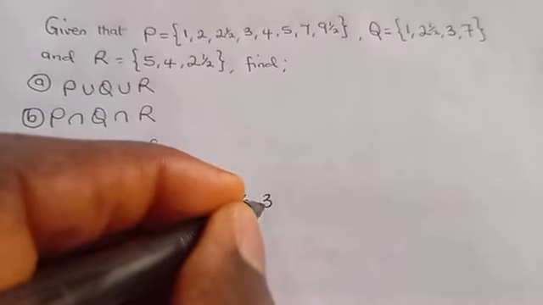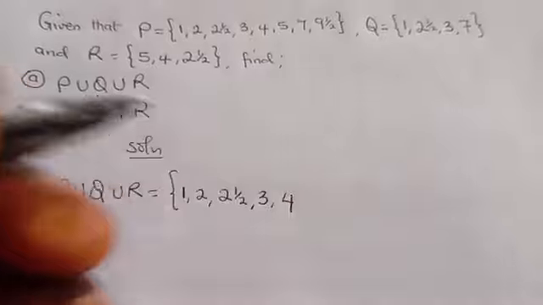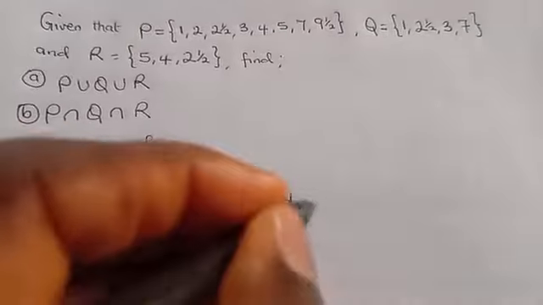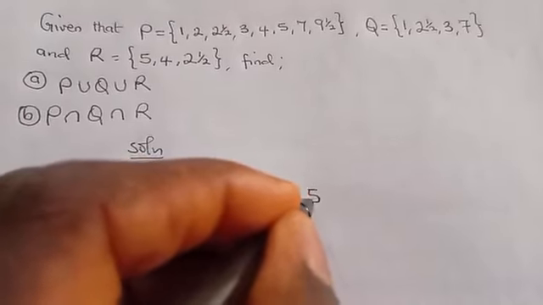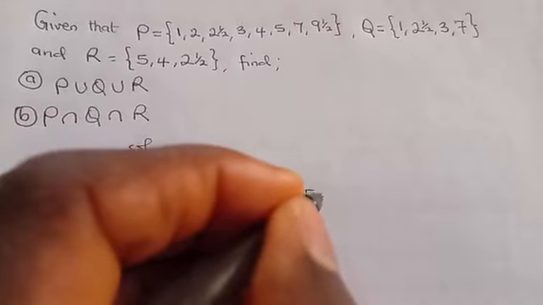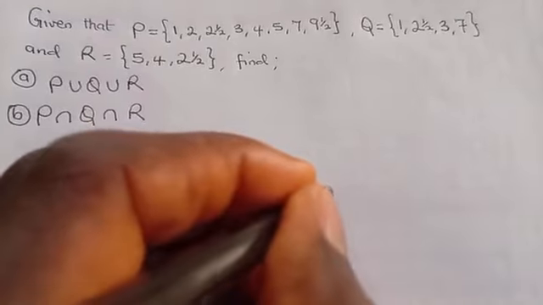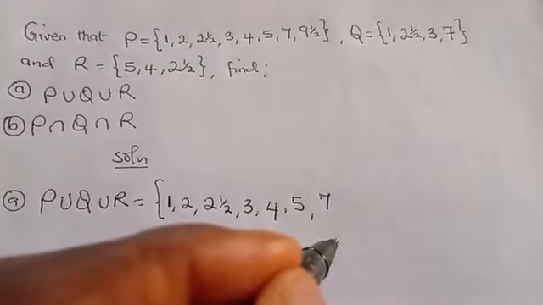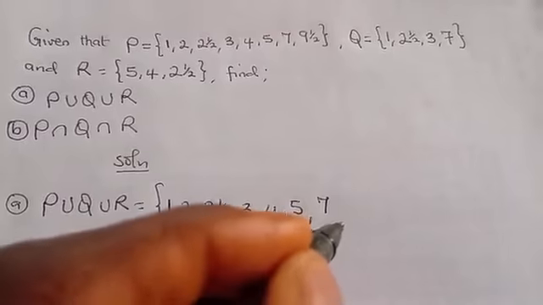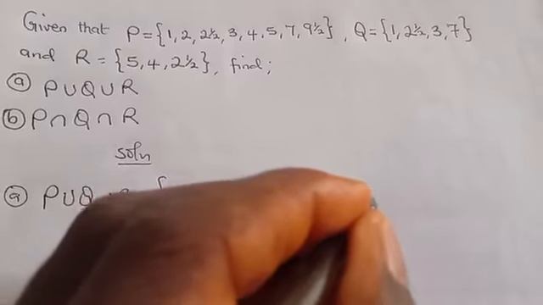Next you have 3. You have 4. There is no 3.5. After 4 you have 5. There is no 5.5. There is no 6 there too, so the next element there is 7. After 7, there is no 8, so we'll move to 9.5.